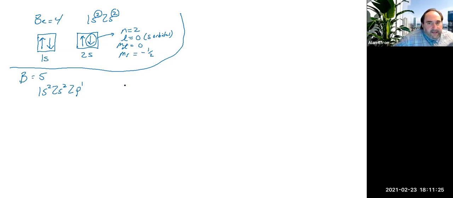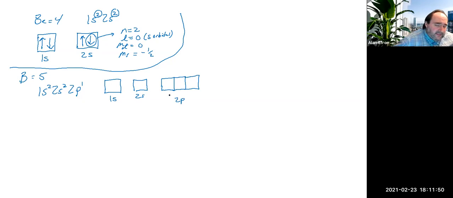Our orbital diagram here, and again, not drawn based on energy, but just kind of do it this way because we don't have space. We'd have a box or a line for our 1s, one for our 2s. And remember that p orbitals, there are 3 different p orbitals in a subshell. So this would represent the 2p subshell.